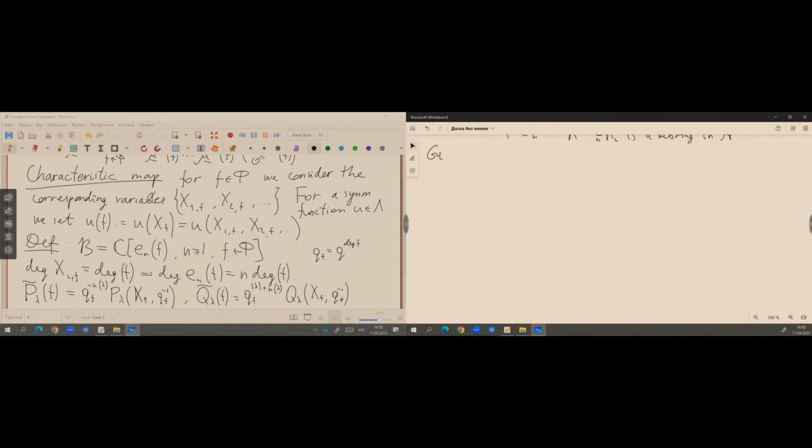So given a colored partition mu from F to partitions, we set P tilde with index this colored partition, not just one partition, a multi-partition, as the product over all irreducible polynomials of these guys, each in its own group of variables.